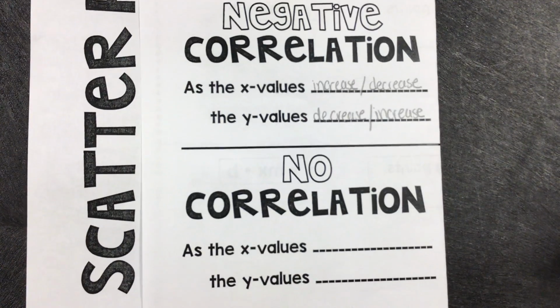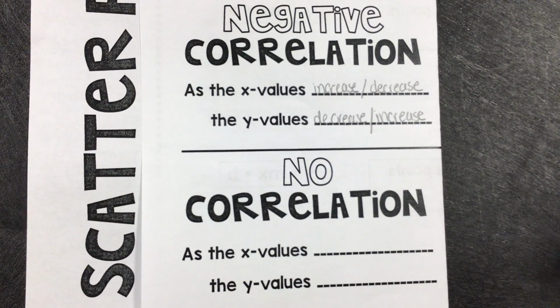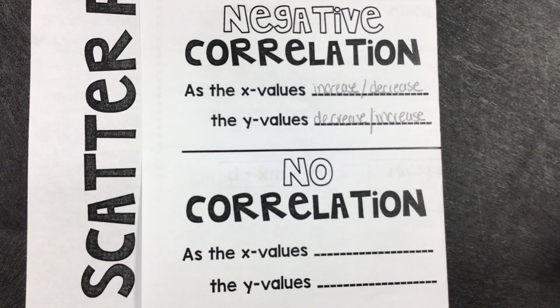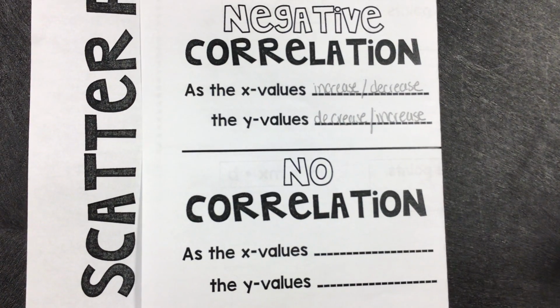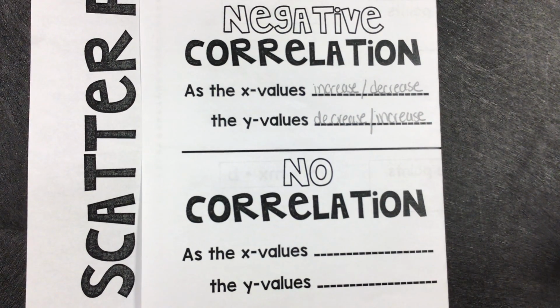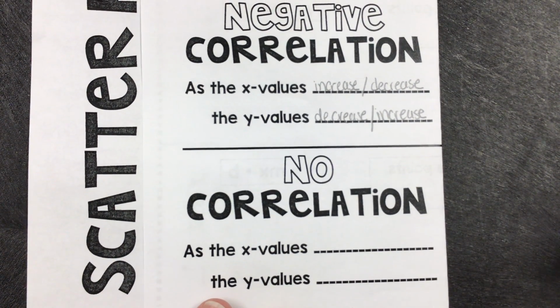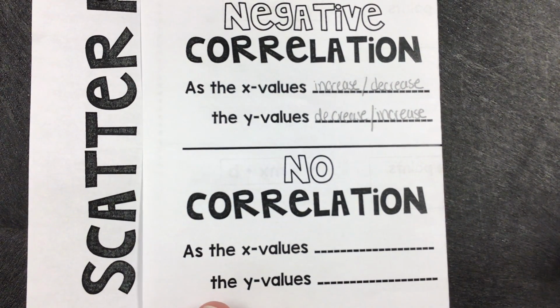For the no correlation, there is no relationship between the two variables. No matter what happens, there's no set pattern. So I don't really want to write anything here, but let me just give you one example.